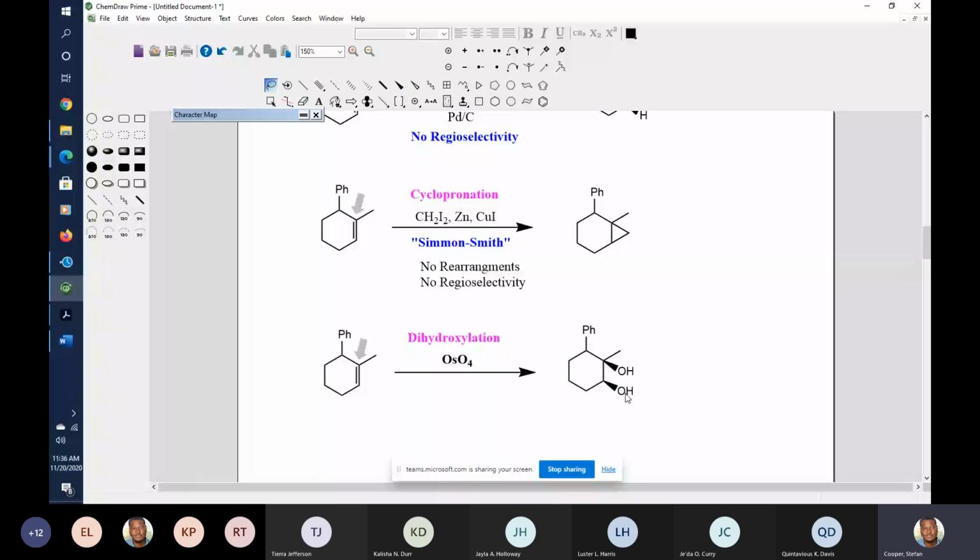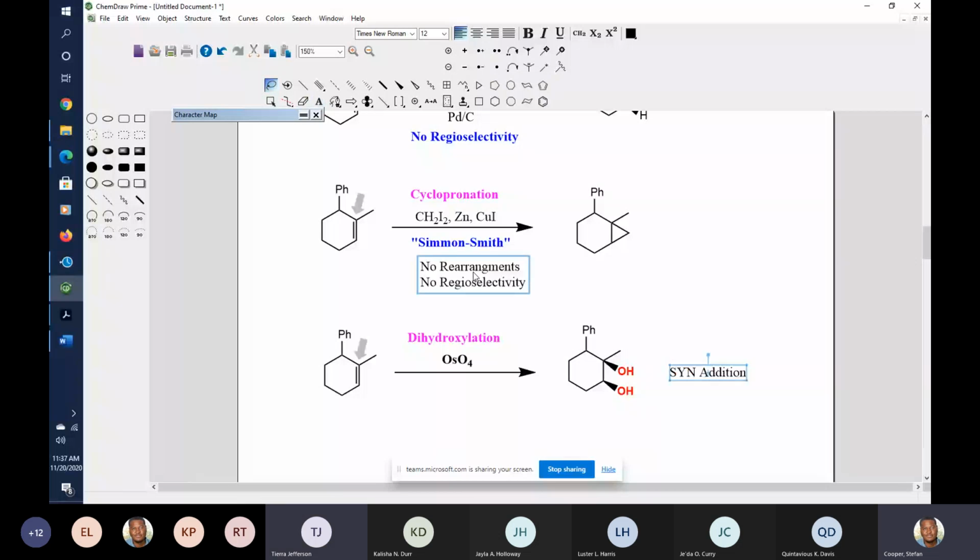Let's go ahead and color these red. It's an addition. There are some features here that are unique to this. This reagent does a syn addition. So that means that both OHs add to the same side.